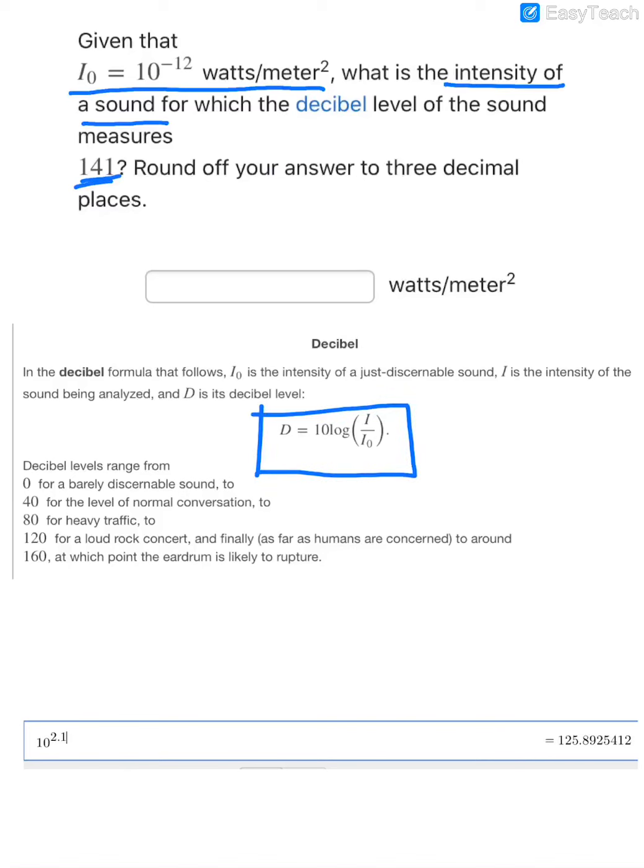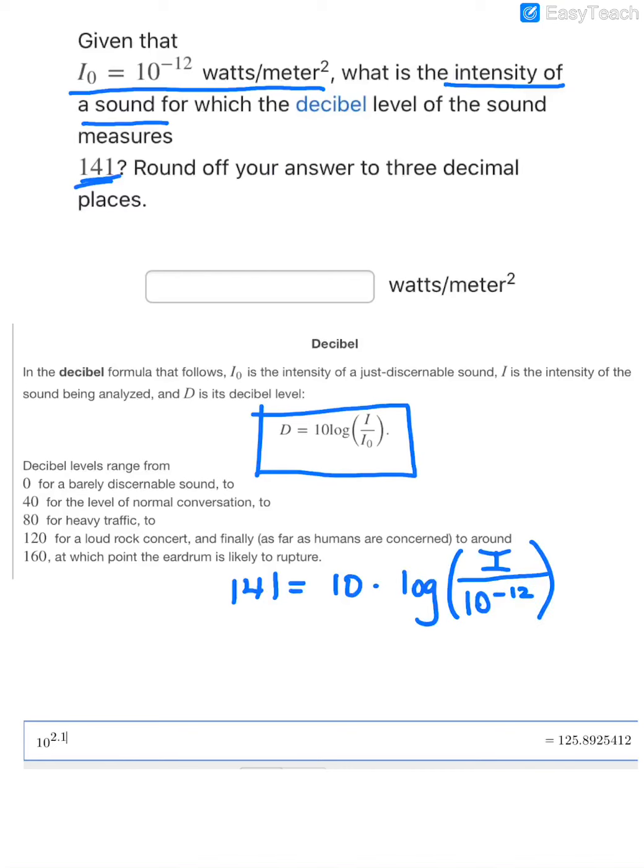So it tells us that the decibel level, which they're telling me was the 141, is equal to 10 times the log of whatever my I, the intensity of sound, is, divided by the intensity of the discernible sound, which in this problem they told me was 10 to the negative 12 watts per meter squared.